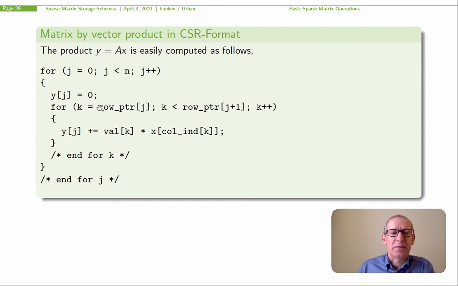We start the row, once again, so the row indices will be stored in the places from the row pointer j up to the row pointer j plus 1, as long as k is less, and the column index itself is given by the column index vector, known from place k, the value from the value vector, and this is stored to the jth row.